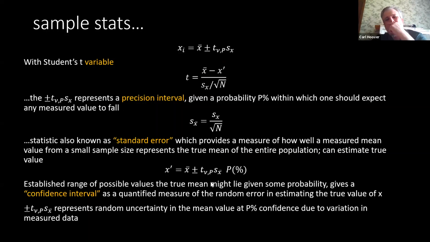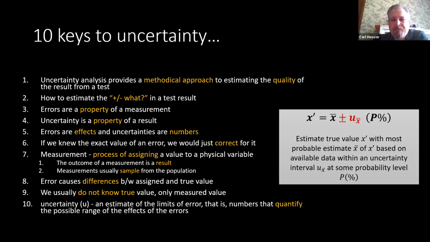Then we used the standard error and looked up t-value to define a confidence interval, as we have shown here, representing that uncertainty in the mean value at p% confidence due to variation in the measured data. So we need to tie that random error concept and stats concepts back into full uncertainty, including systematic error, and develop a method to do that.